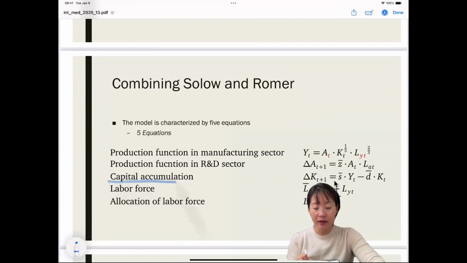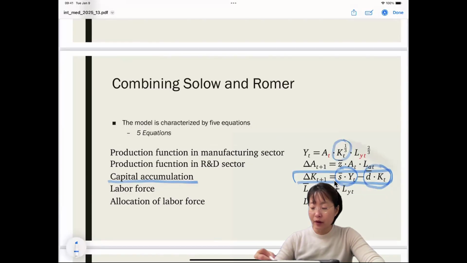That is the capital accumulation equation from the Solow model. So we know that the change of capital stock toward time t plus 1 is investment deducted by the depreciation, right? So we just add that.